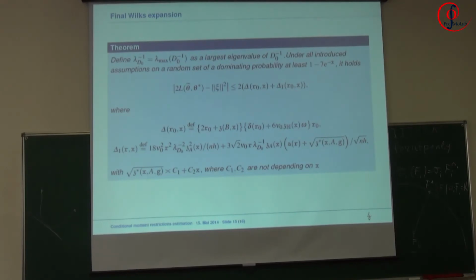This kind of result has a bit of another structure, or nature, because it controls how our process changes when we change epsilon theta by epsilon theta star.